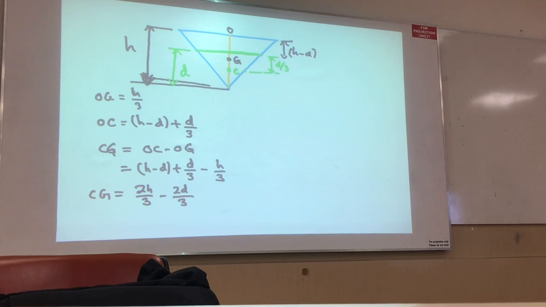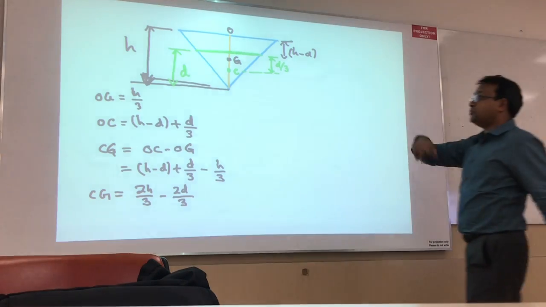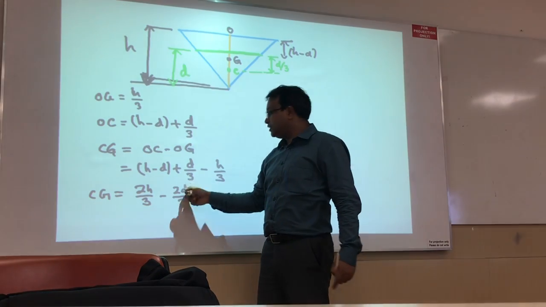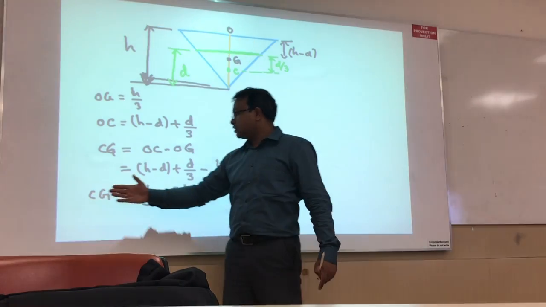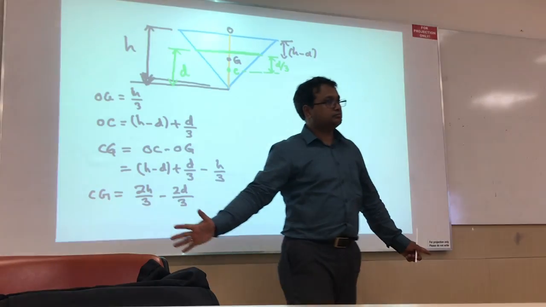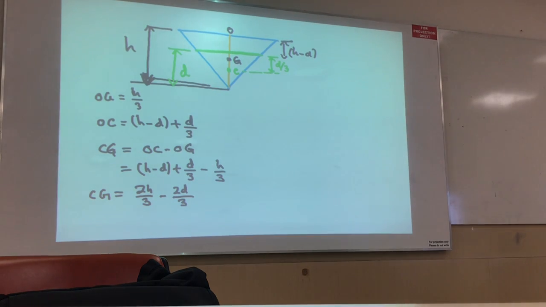Then I can calculate, right? No problem. H I know from the previous, and D I have to find. When I know the value of H and the value of D, I can calculate CG. So CG I know, the distance from C to G I know. And the position of the metacenter I do not know.